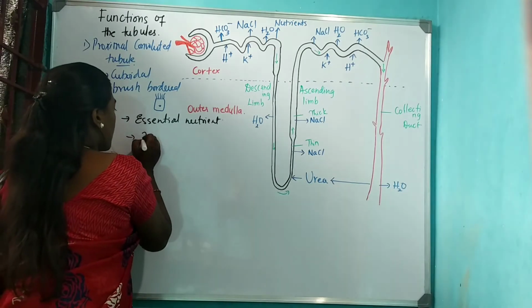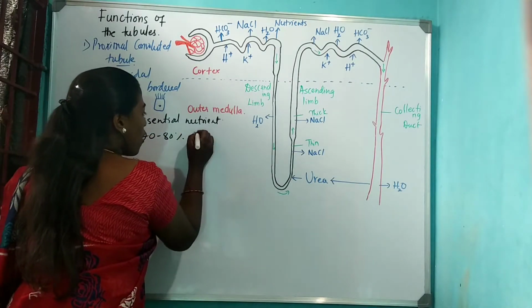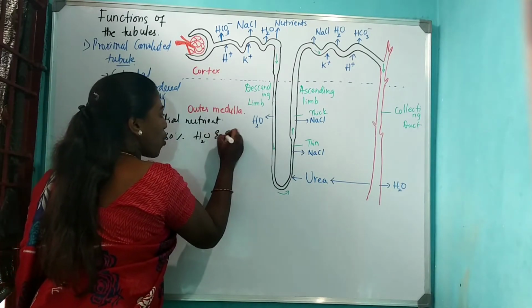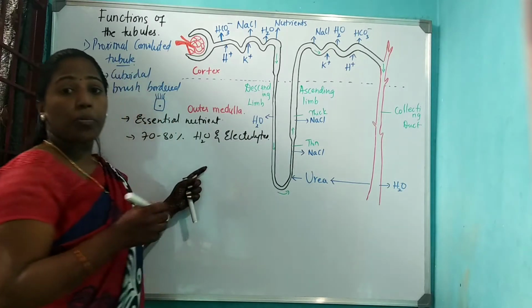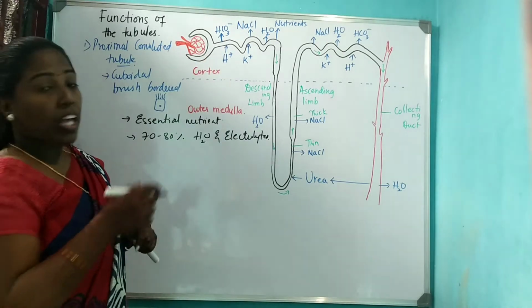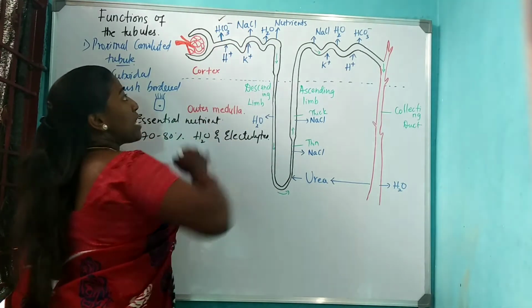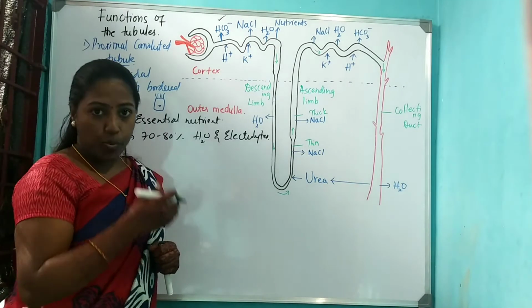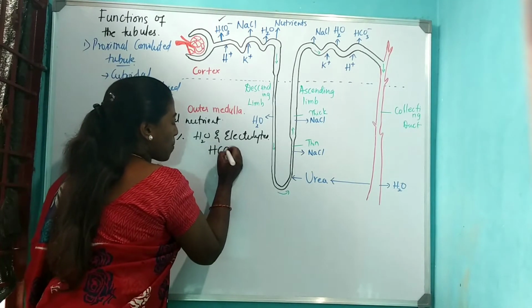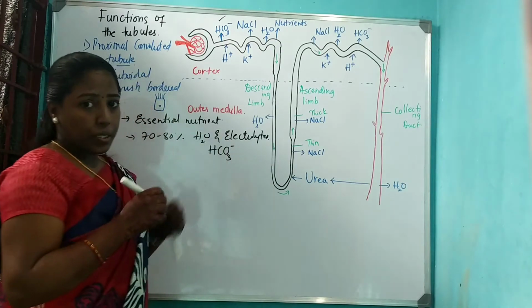Different types of electrolytes are reabsorbed, and along with that, HCO3 minus, that is bicarbonate ions, are also reabsorbed. That is a major function of the PCT.